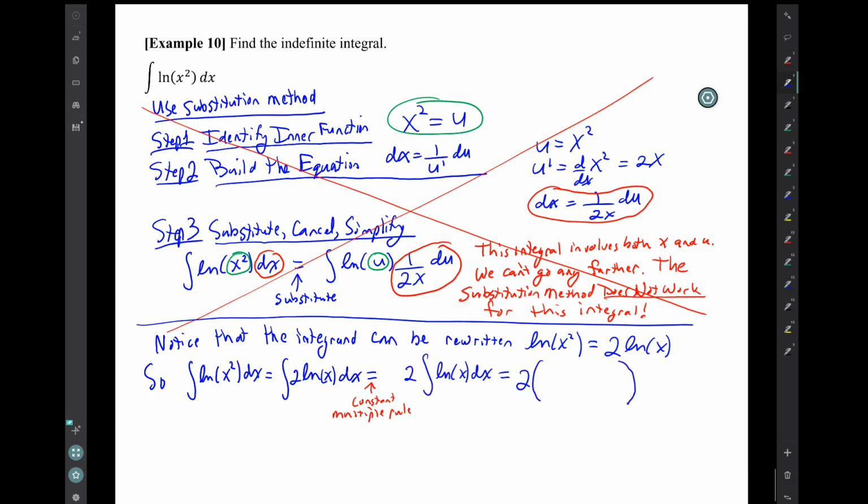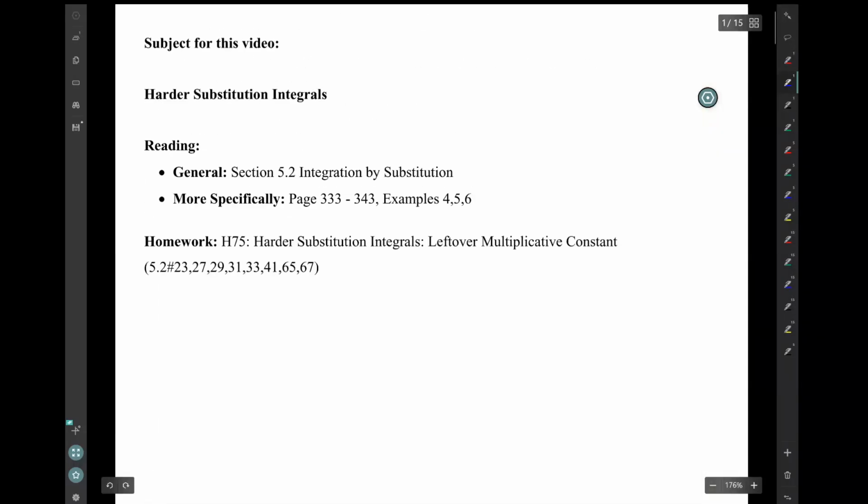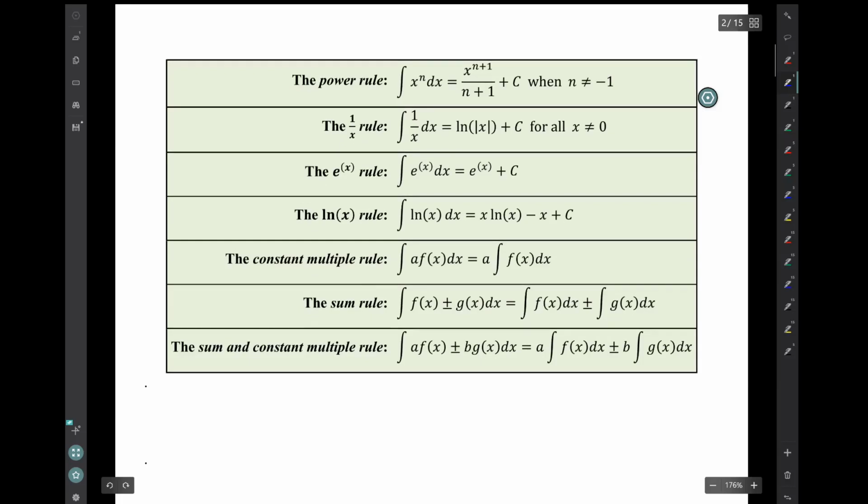Now we've reached a point where we have to find the indefinite integral of ln of x. Let's go back and recall our indefinite integral rules. Remember the ln of x rule. The indefinite integral of ln of x is x ln of x minus x plus c. We'll use that in our final example.